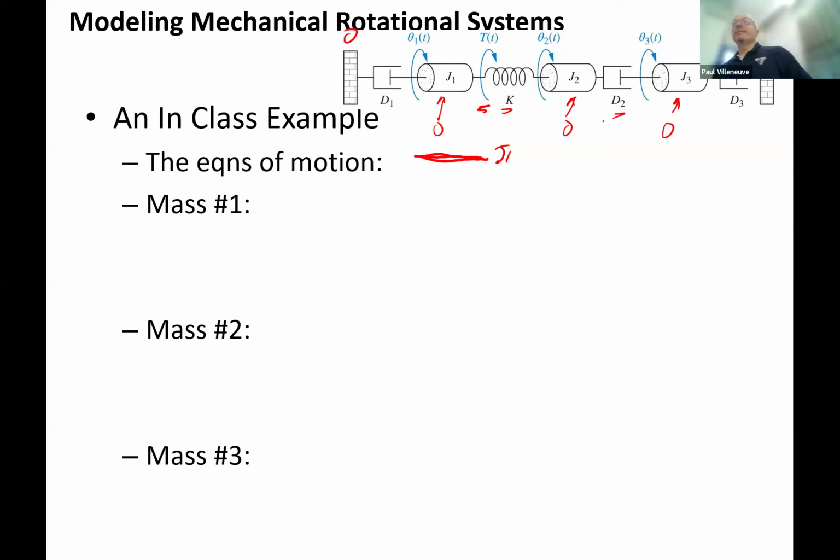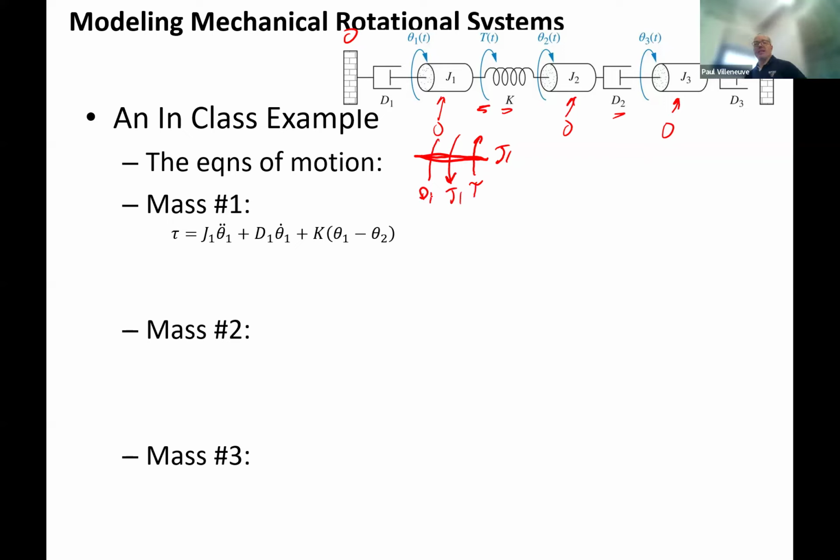All right. Let's see how we did. Anybody get that for mass number one? Your torque is applied right here, in that direction. So this is my applied torque. Here's my J1 torque, my D1 torque, my damper.